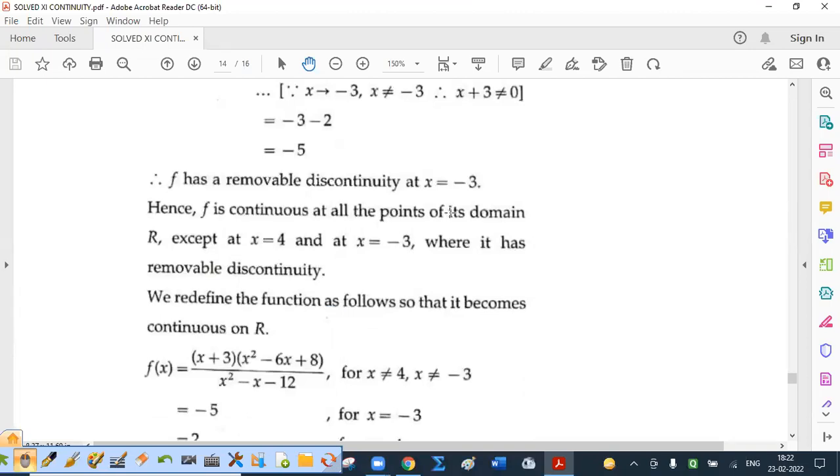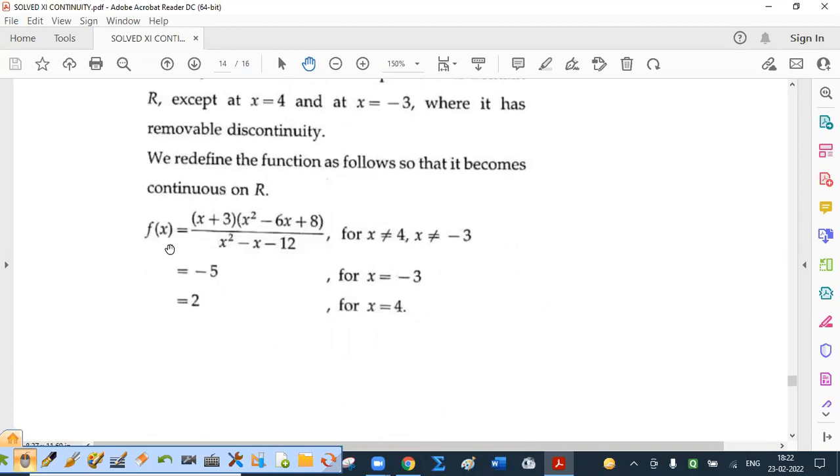We redefine the function as follows so that it becomes continuous on capital R. f of x equal to (x plus 3)(x square minus 6x plus 8) upon (x square minus x minus 12) for x not equal to 4, x not equal to minus 3, and f of minus 3 is minus 5, and f of 4 is nothing but 2.